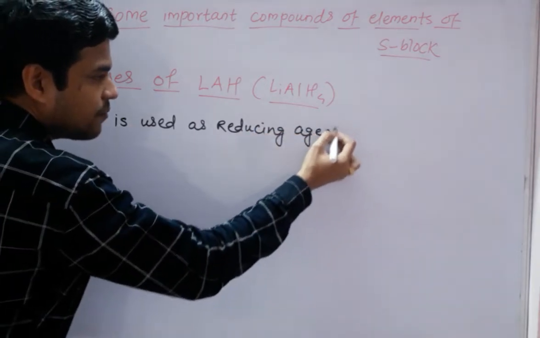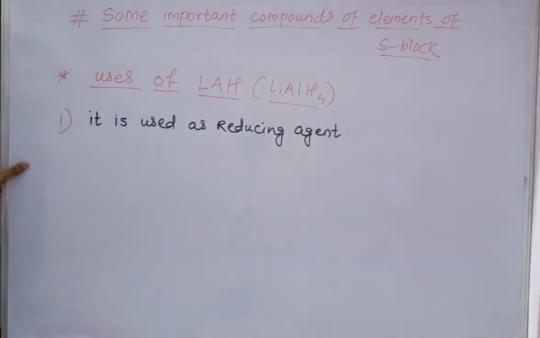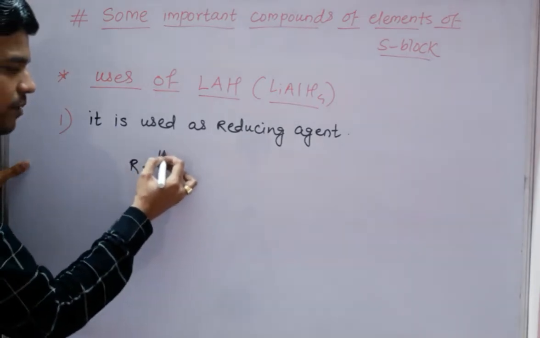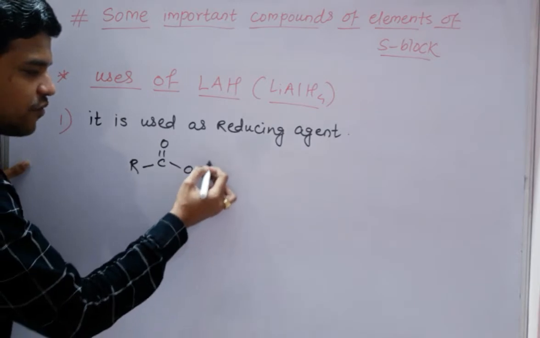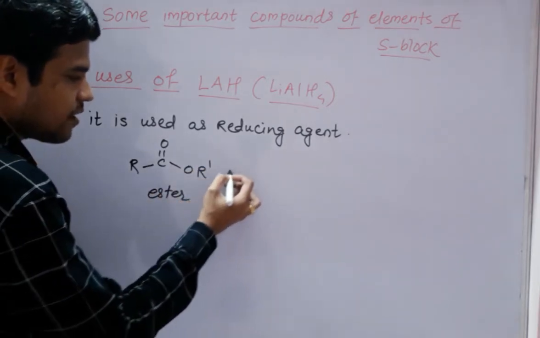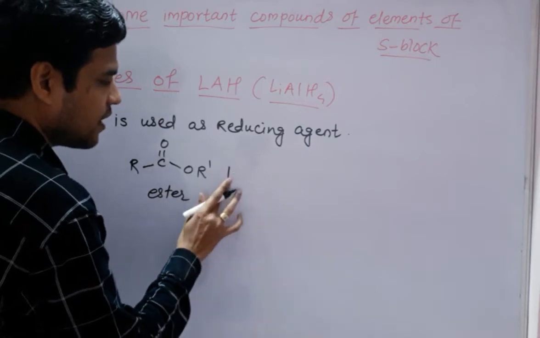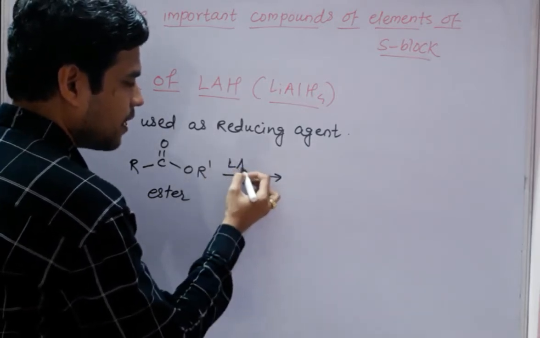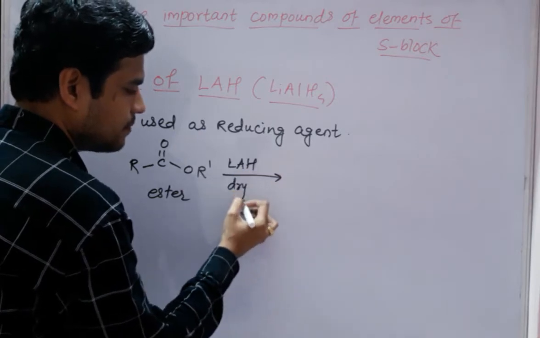As a reducing agent हम इसका यूज कर सकते हैं. एग्जाम्पल देखो, समझो मेरे पास है ईस्टर, RC double bond OR dash is the functional group of ester. If ester react with, or you can directly write down this arrow, LAH and dry ether.